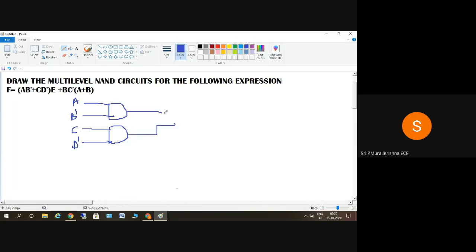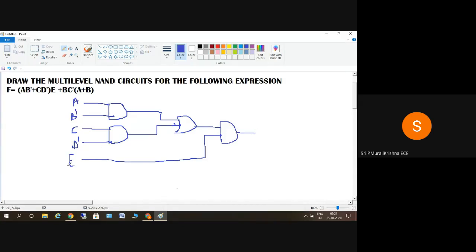It is given to an OR gate. And into E, so we'll have an E here. That E goes to an AND gate along with the output of this. This is AB bar plus CD bar into E.